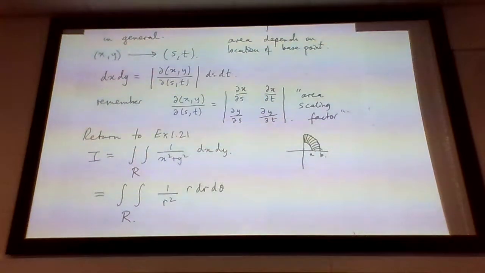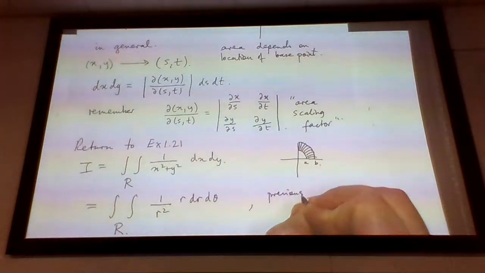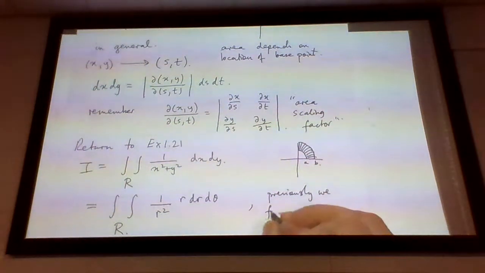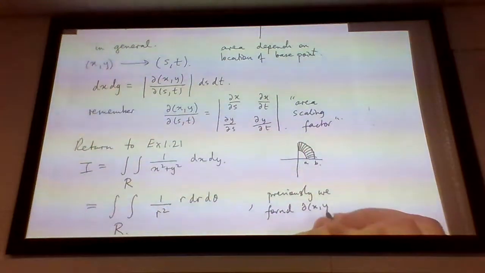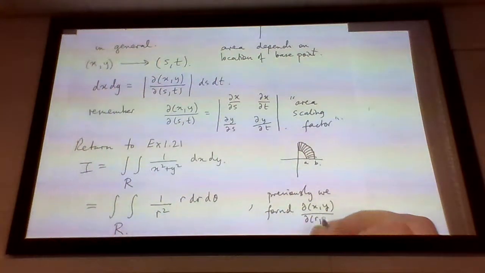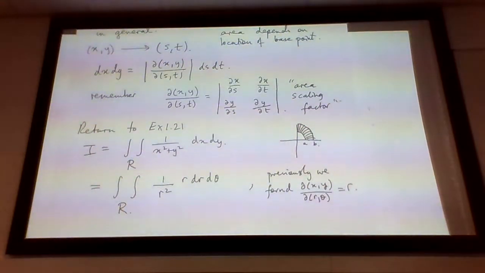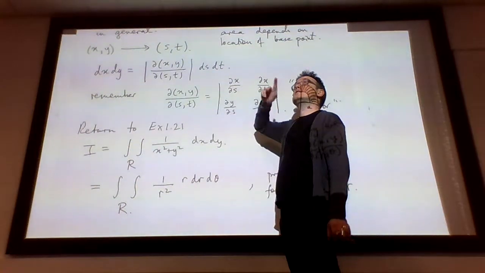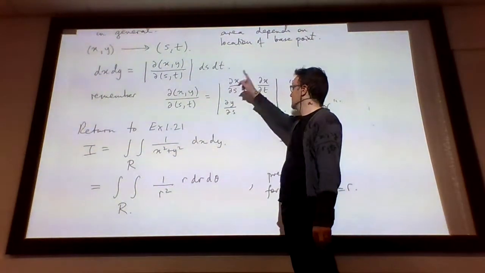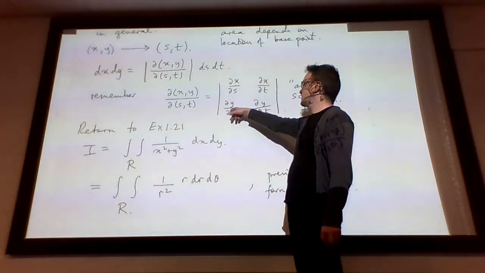Remember, previously we found that the Jacobian of x, y with respect to r, theta was equal to r. The 2 by 2 matrix of partial derivatives is something like cos theta, minus r sine theta, sine theta, r cos theta, or something.